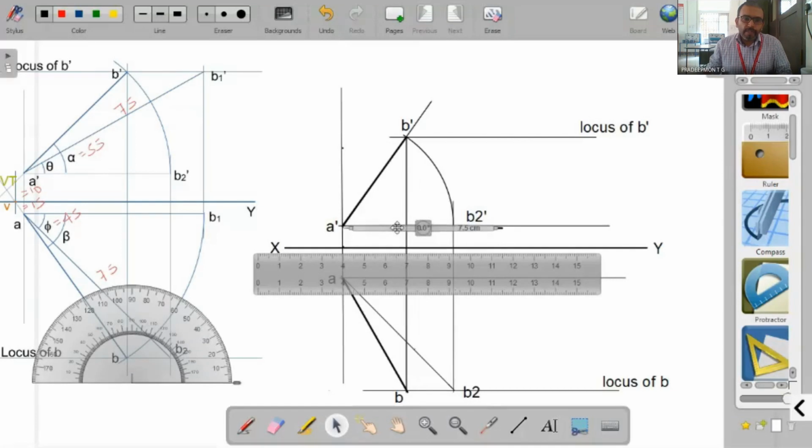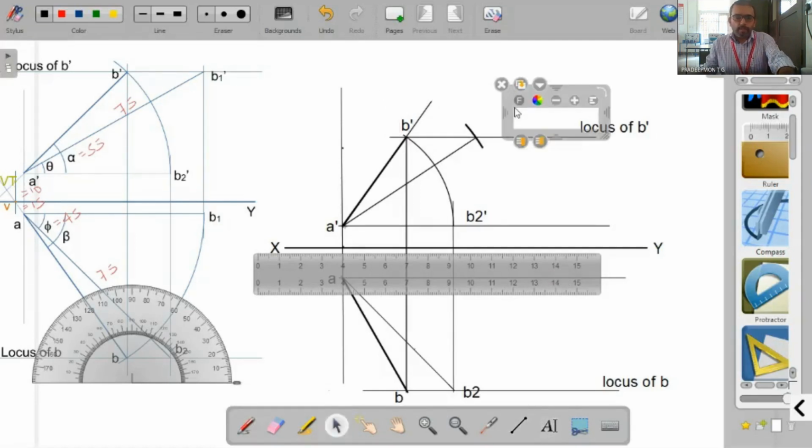And with A dash as center, draw an arc to intersect with the locus of B dash like this. Now join this point with the A dash using a straight line. This will be our point B1 dash.